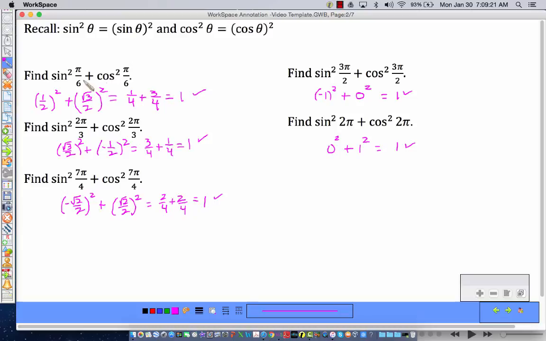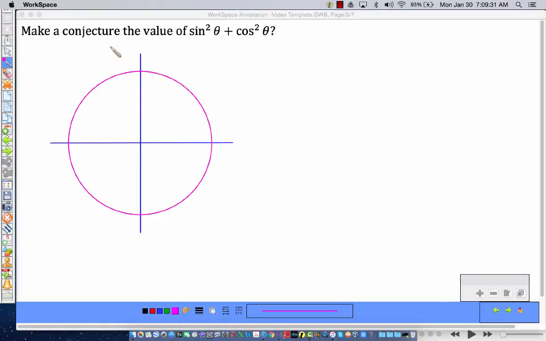Notice it's the same angle that we have used in each of these expressions. What I mean by that, it's the same for sine and cosine in each individual expression. So make a conjecture: what should that say about the value of sine squared theta plus cosine squared theta?